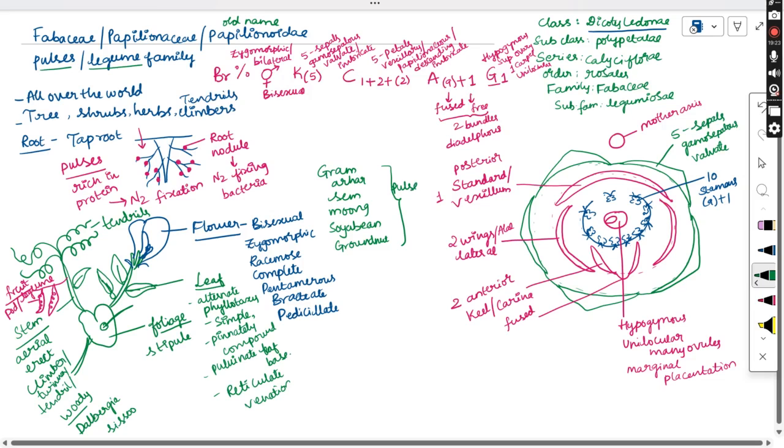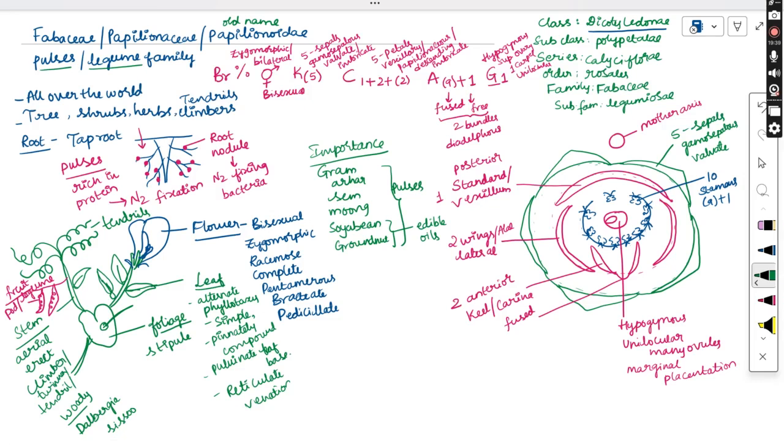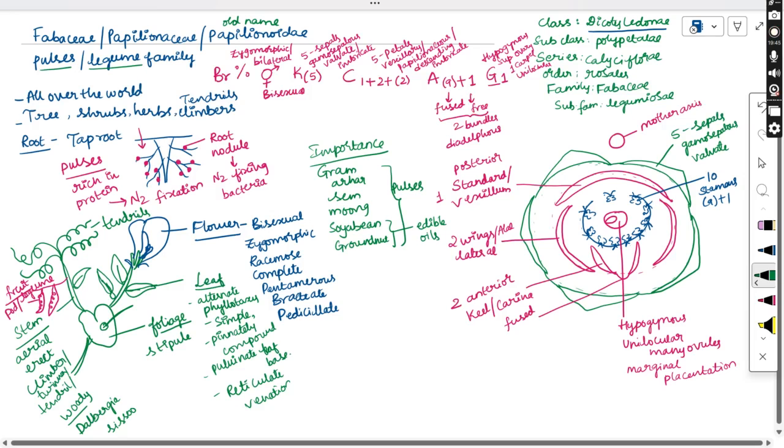So all are pulses, and from soya bean and groundnut we can extract the edible oil. So we are discussing the economic importance of this Fabaceae family members. Gram, arhar, sem, moong, soya bean, groundnut are considered as pulses which are rich in proteins. We can extract the oils even from it, and we can extract the dye from a plant that is Indigofera.